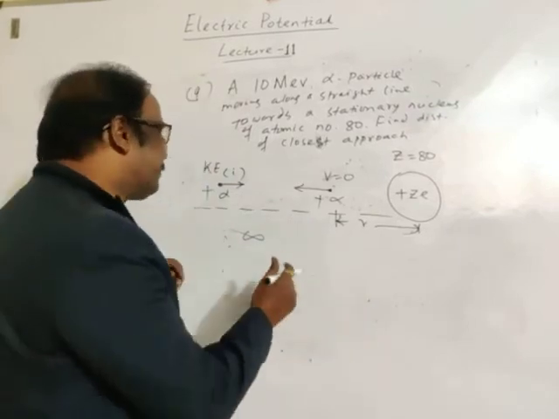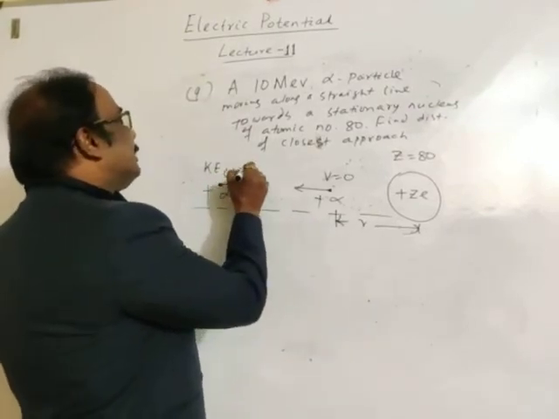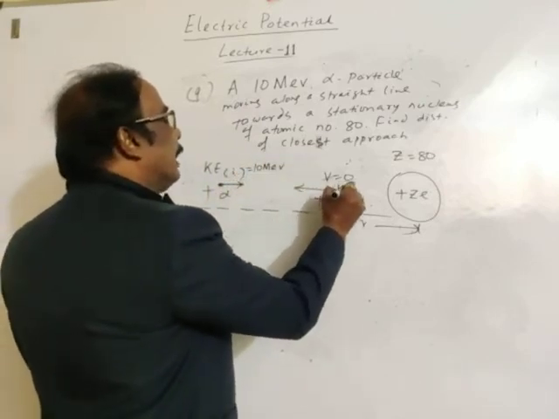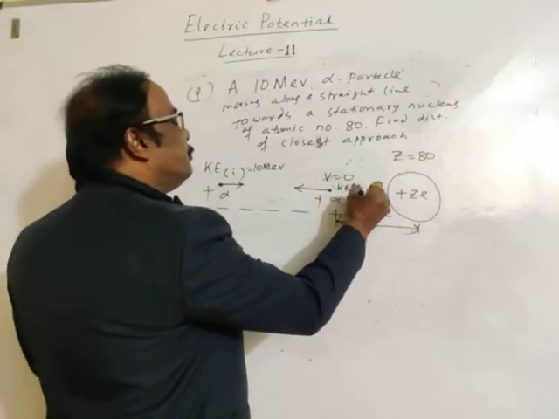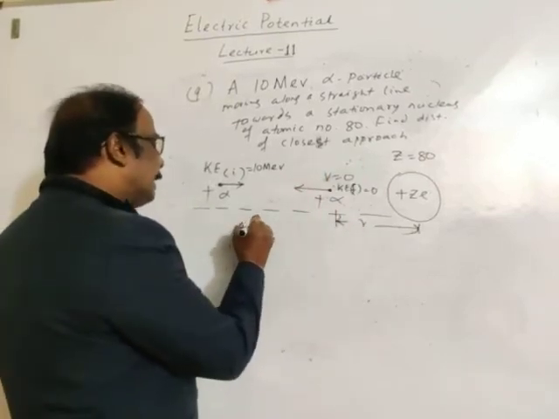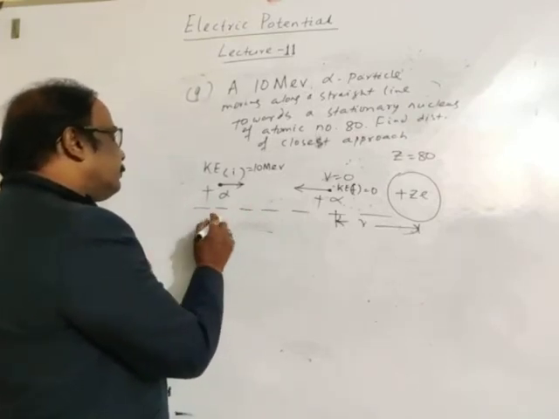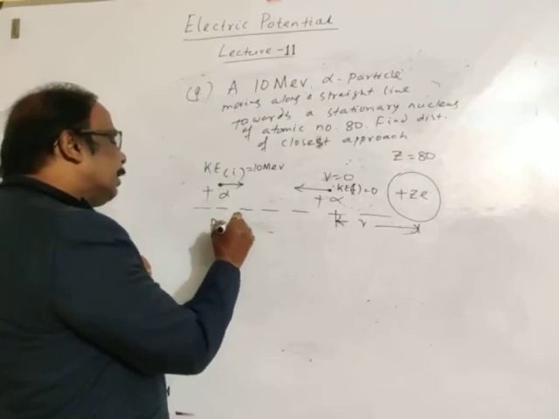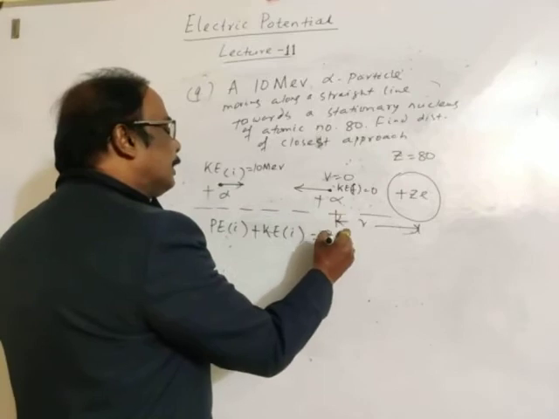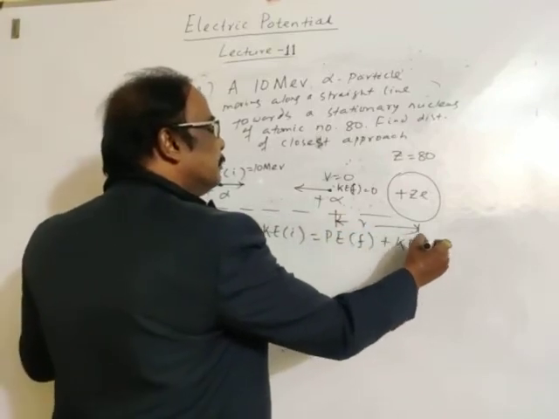So here the principle, kinetic energy, this is initial kinetic energy is 10 mega electron volt, and here kinetic energy final is 0 because the alpha particle is brought to rest. So change in kinetic energy. Or you may take the principle, potential energy initial plus kinetic energy initial is equal to potential energy final plus kinetic energy final.